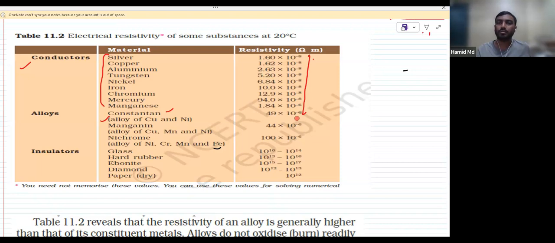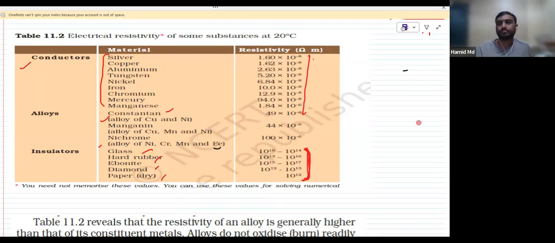Resistivity is more, which means conductivity is less. This is nickel and all. And see, this is 10 to the power 14. How resistive are these? It is tough for current to flow through rubber, glass, diamond, and dry paper.